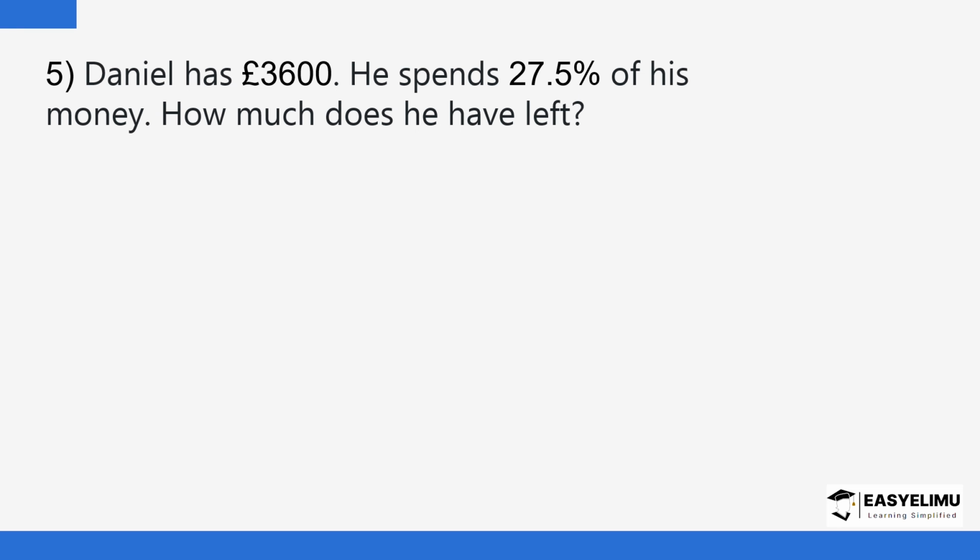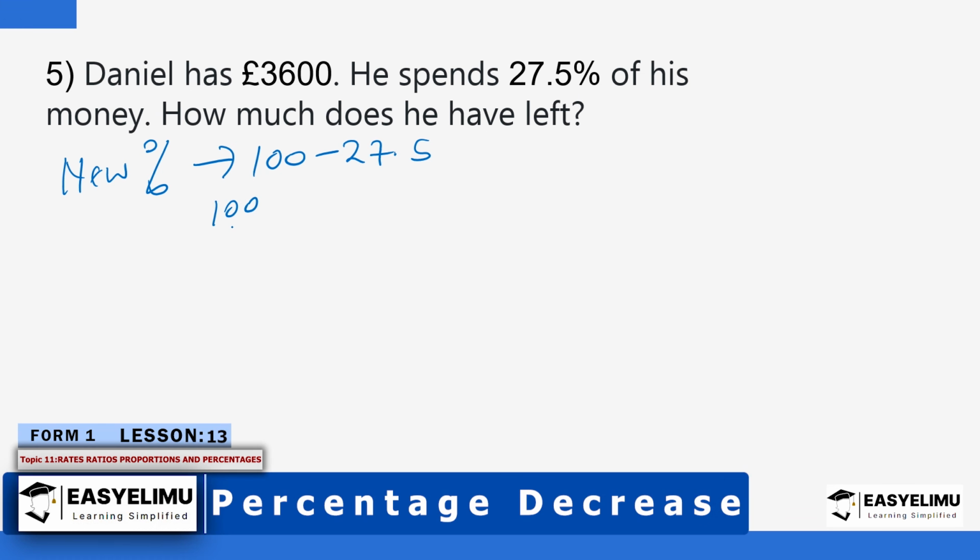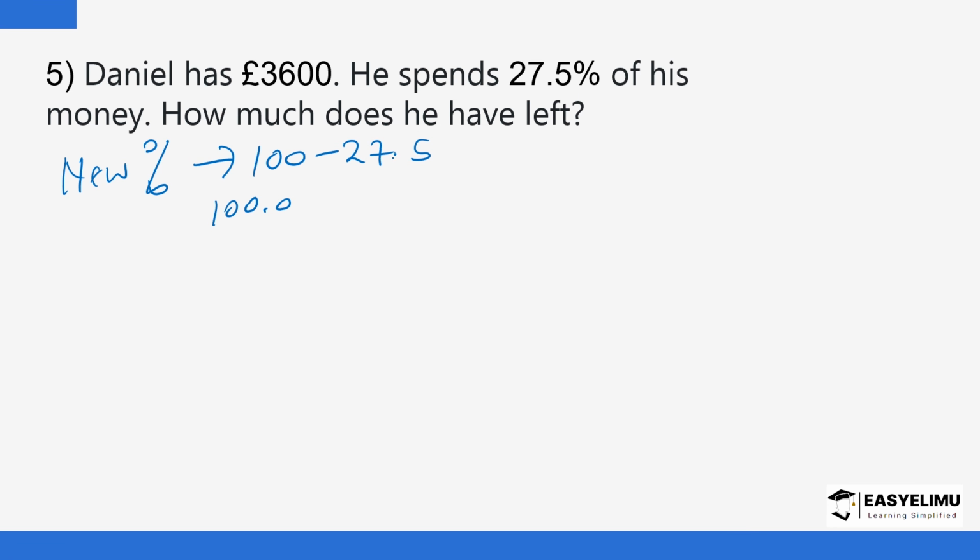So again, what is left will be, so we get new percentage. So new percentage is going to be 100 minus 27.5. So maybe you have 100.00, or maybe let me use 10 because I have only 1 decimal place here. So you are subtracting 27.5. So we have to borrow 1 all the way from here.